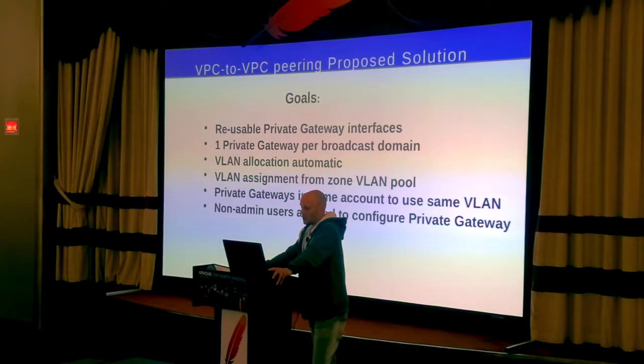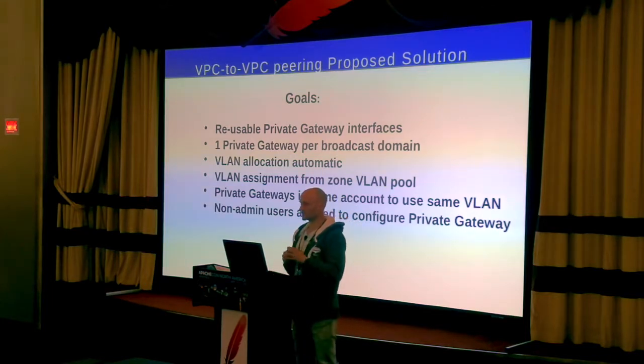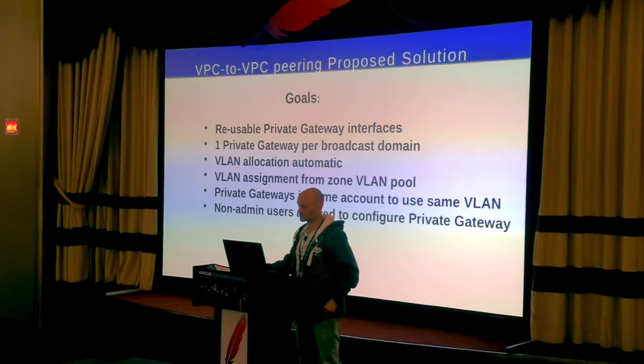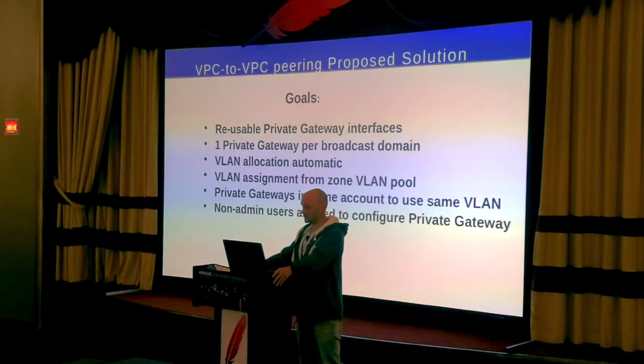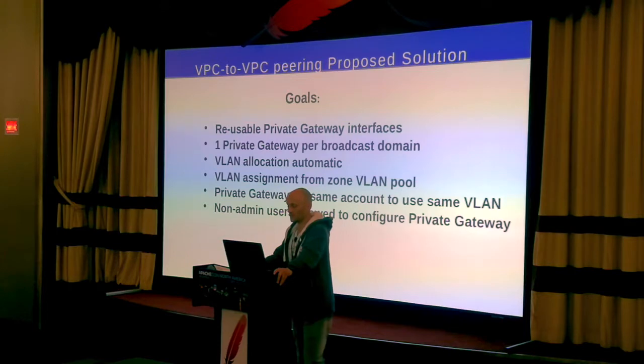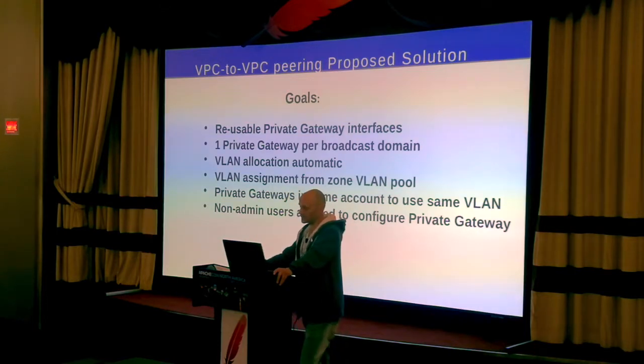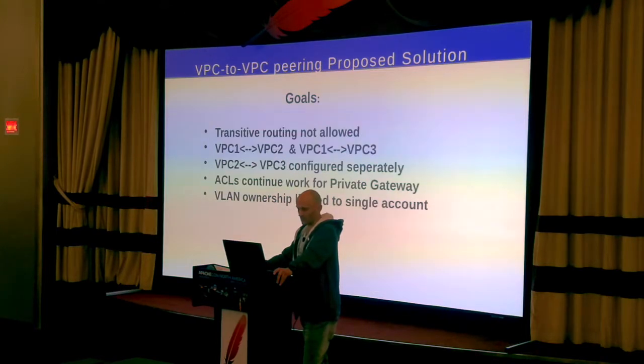The next goal is that all the private gateways in the same account should be able to use the same VLAN. To make it more user-friendly, normal users will then be able to create a private gateway, since there's no VLAN allocation they need to set up because it's automatic.